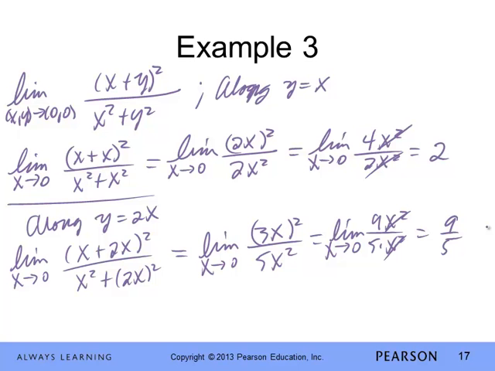So when you are not sure about this limit that you're trying to take and you've approached along one path, well, try along a different path. If you approach along the line y equals x, try it again with y equals 2x or 3x, or in fact, y equals mx. As you can see in the example in the book, they approached along the line y equals mx, where m is some constant value.